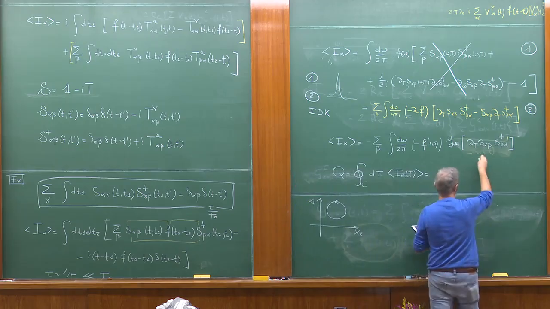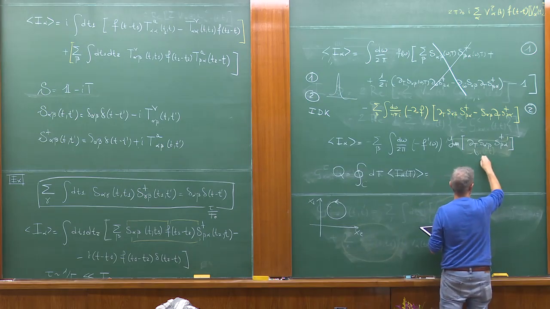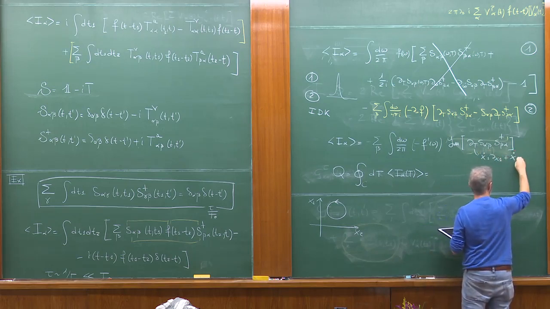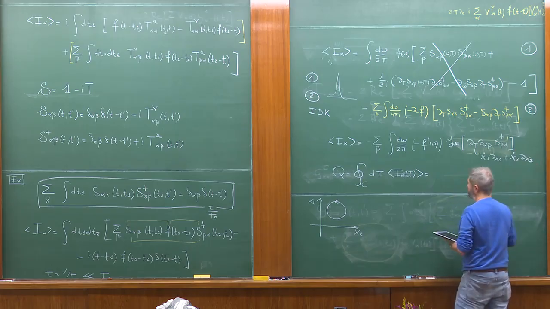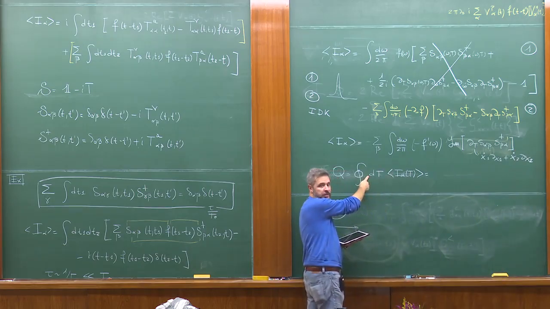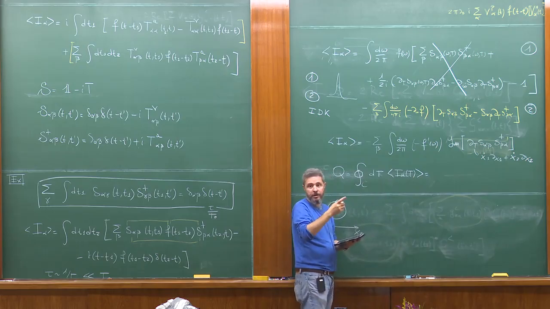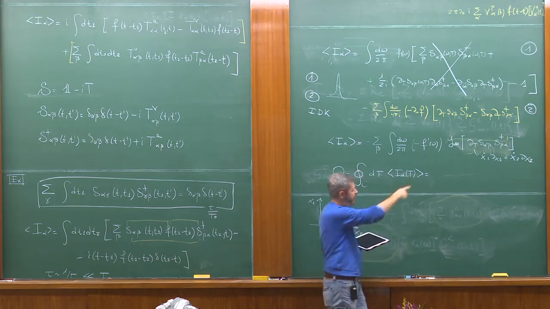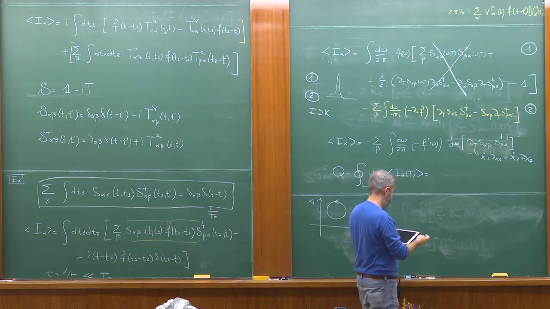Right, so here, this thing here, you can write it as x1 dot dx1 plus x2 dot dx2. And then you immediately see that when you compute this integral here, you can use Green's theorem, right? Because you're integrating and you have the line element sitting there.